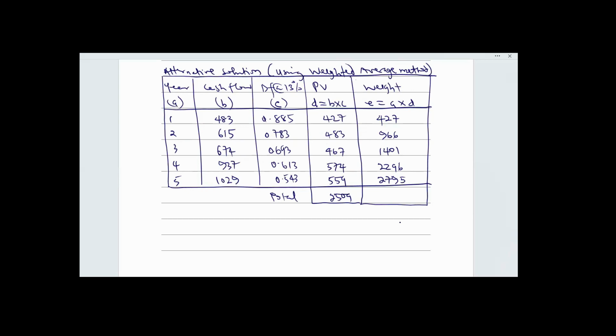Add up. What do you have? 7,885. Divided by 2509.